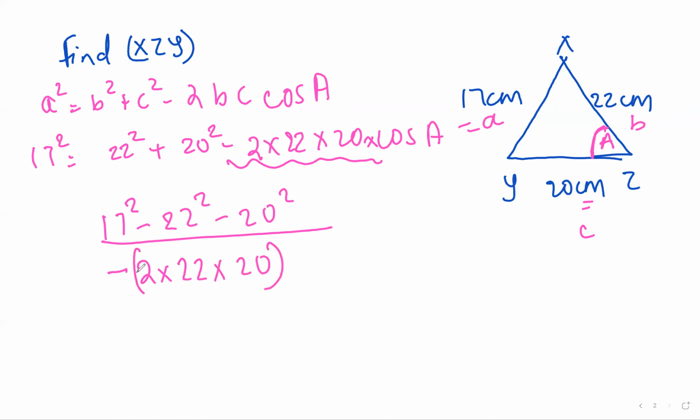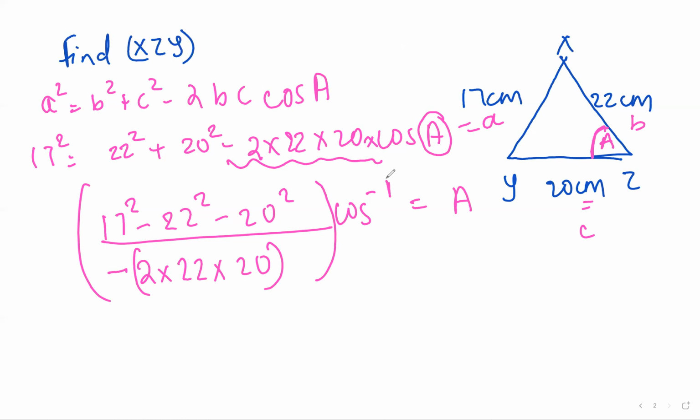So take this whole thing on the calculator. I want to find A, so I will take just this whole thing, and then cos inverse. So 17 square minus 22 square minus 20 square, I got negative 595.